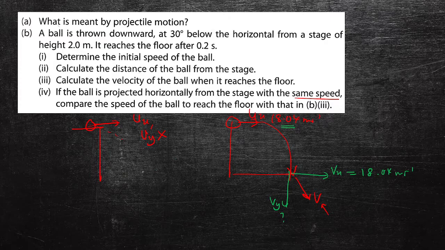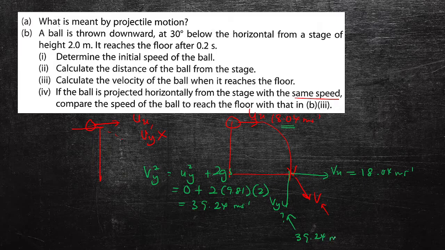So to get vy, vy squared equals uy squared plus 2gs. Okay, 0 plus 2 times 9.81 times 2 equals 39.24 meter per second. So it means that this vy is 39.24 meter per second.